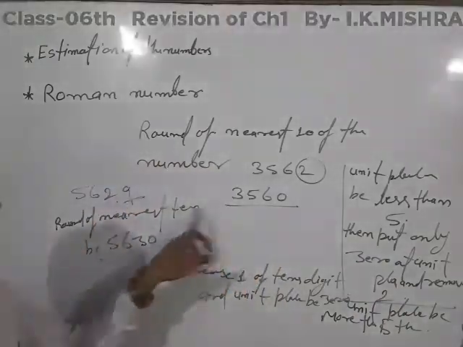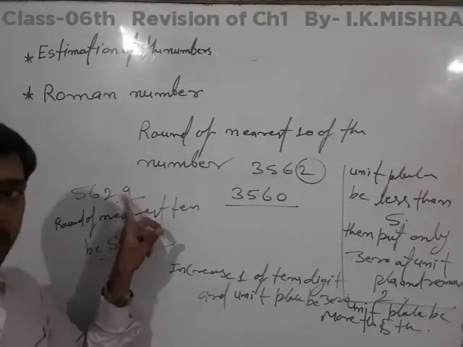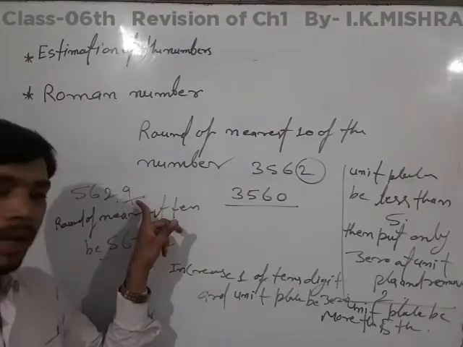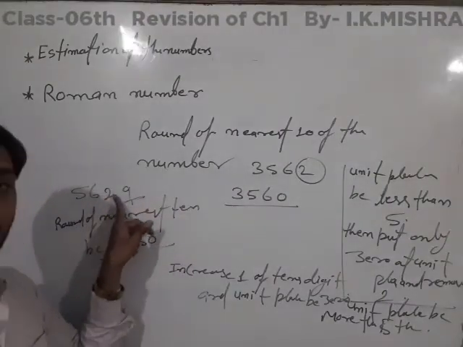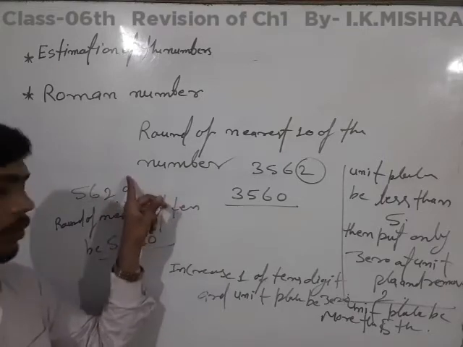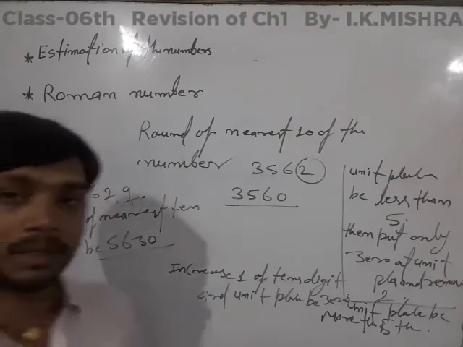Suppose here 9, which is more than 5, so add 1 to the tens place digit and make the unit place 0.